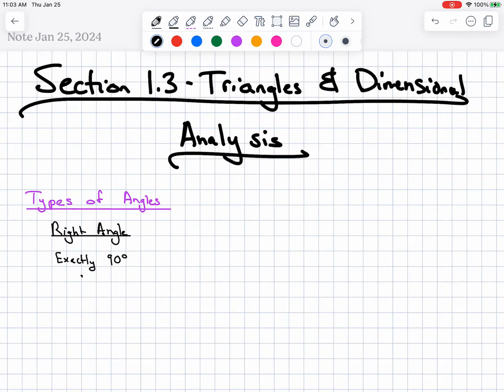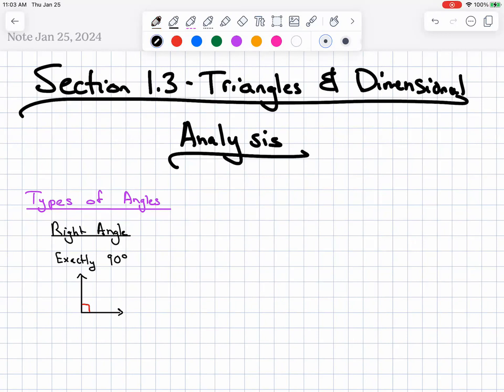And so the way we denote it, when you have a right angle, we denote it with a little box. If you don't see a box, you should not assume that it is a right angle. So unless you see that little box, you should assume that it is not a right angle.